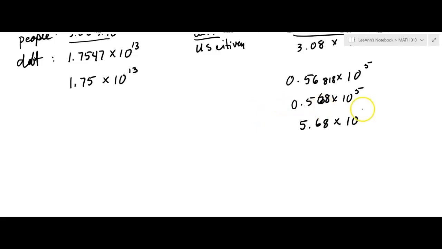Now I need to go 6 places. Right? Oh. No, I'm going the other way. Sorry. I should have written it out. Let me write it out. I'm going to make that 5.68 times 10 to the negative 1 times 10 to the 5th.